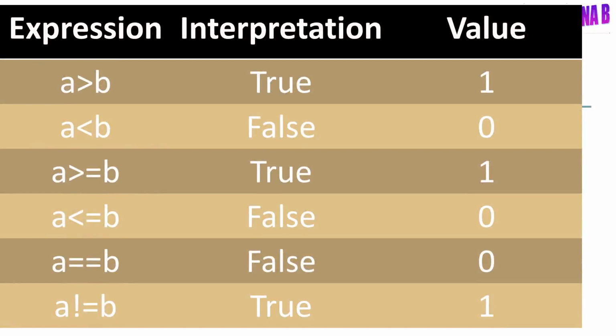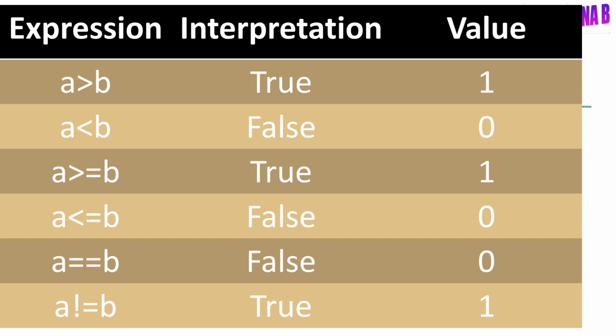First one, a greater than b. Since the value of a is 100 and b is 4, this condition evaluates to true. Therefore, the value it returns will be 1. Similarly, a less than b: 100 is less than 4. This condition becomes false, so it will return the value 0.